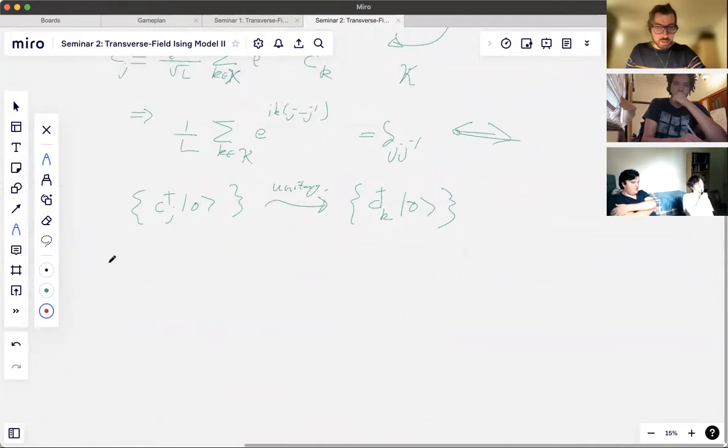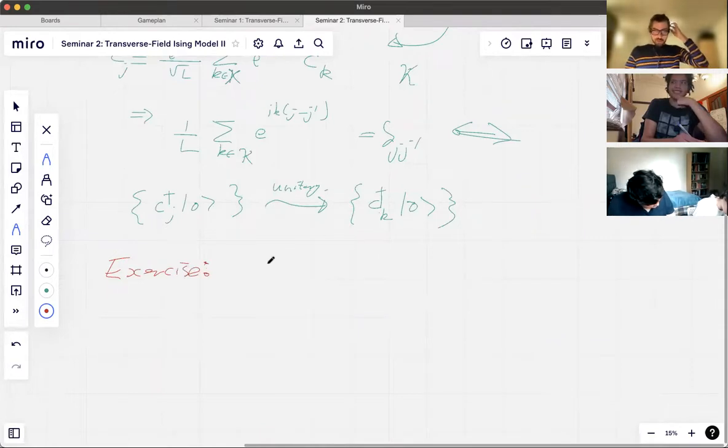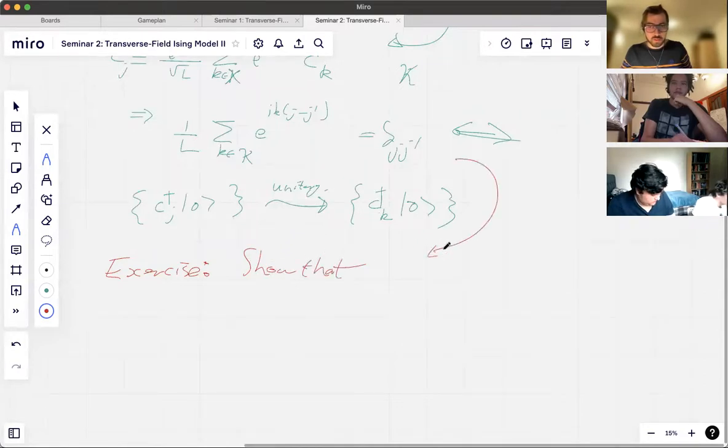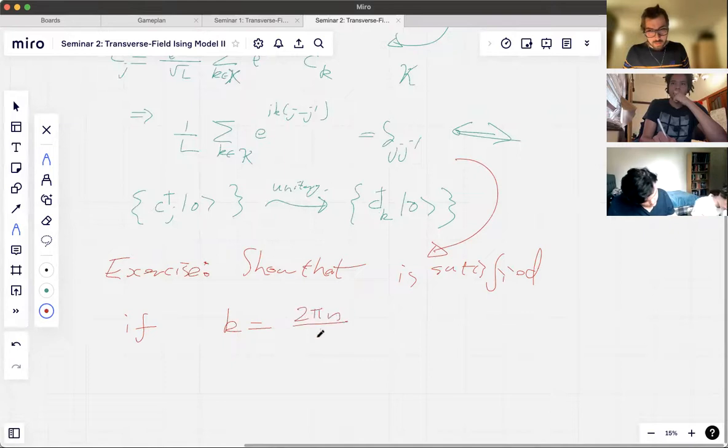Now I'm going to set an exercise. These are all listed on the website, and that is to show that this thing is satisfied if k equals 2 pi n over L plus k naught, where n equals 0 to L minus 1, for any k naught.